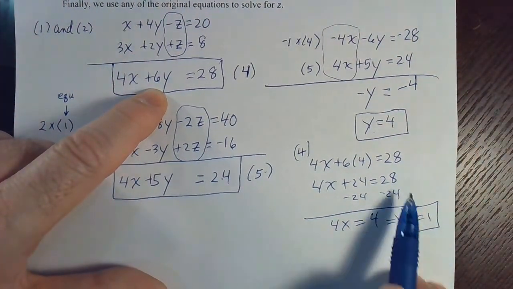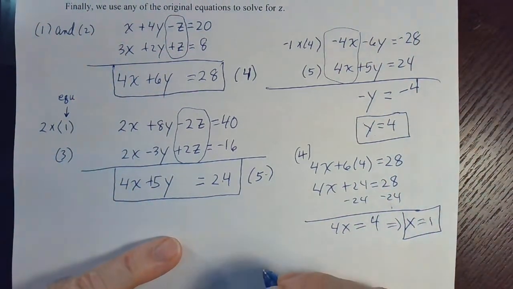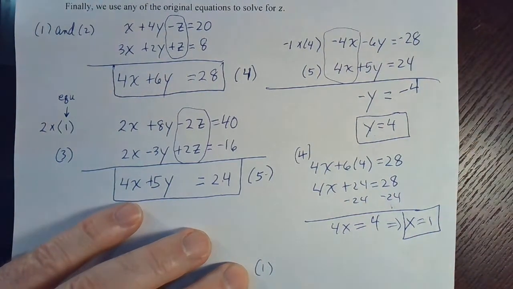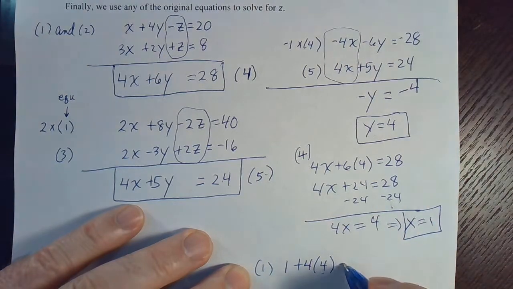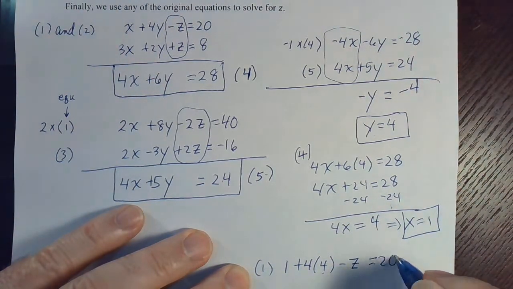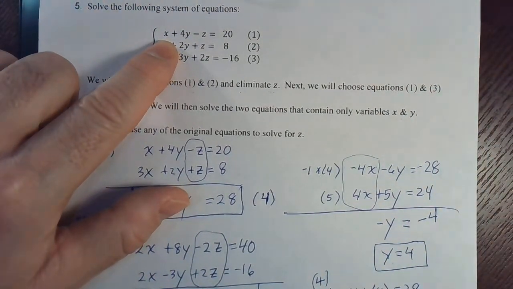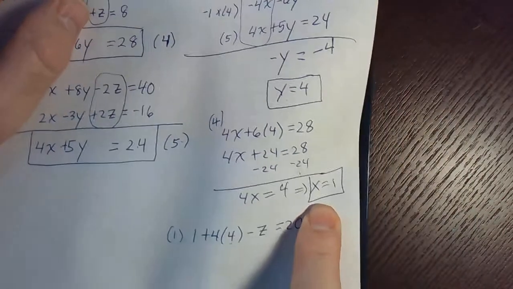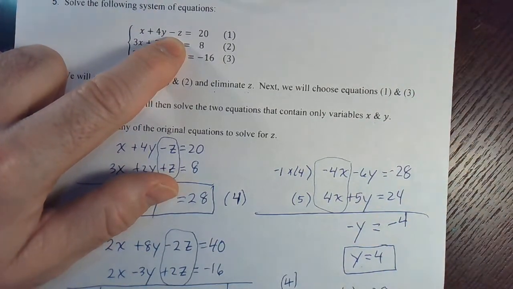x is 1, y is 4. Let's figure out what z is. Let me write down equation 1 here. Equation 1 would say x, which is 1, plus 4 times y, which is 4, minus z equals 20. So I just rewrote equation number 1, but I replaced the known values of x, which is 1, and y, which is 4. 4 times 4 minus z equals 20.